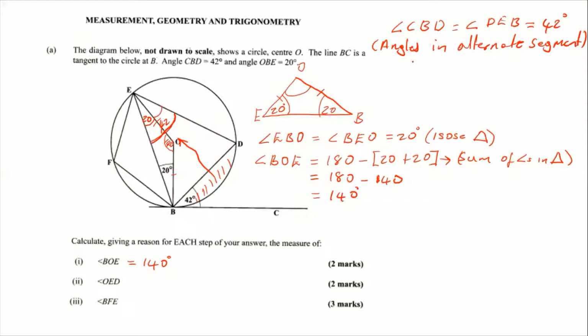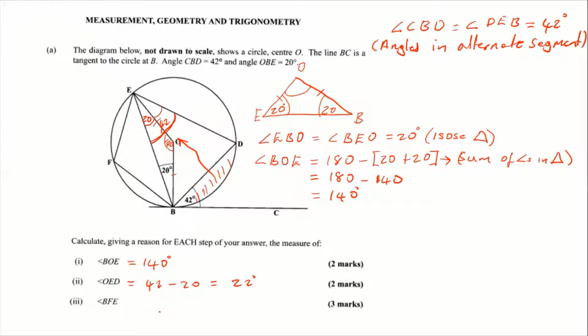So you can see that this angle here, angle OED, is therefore going to equal to 42 degrees minus 20 degrees, which is therefore going to give us 22 degrees, all right?